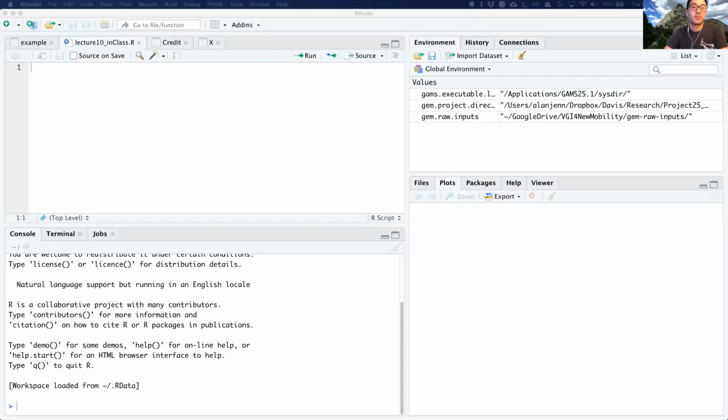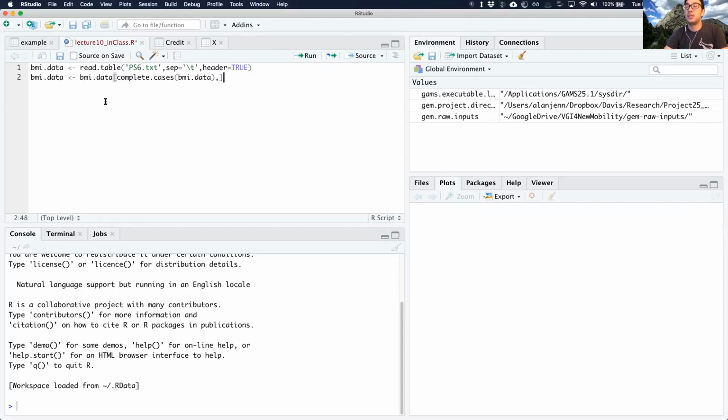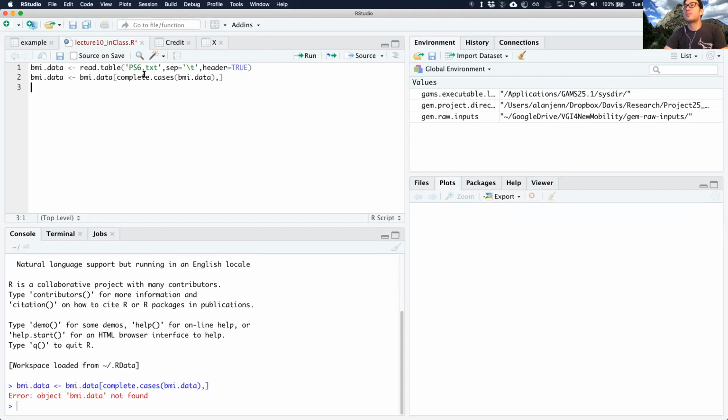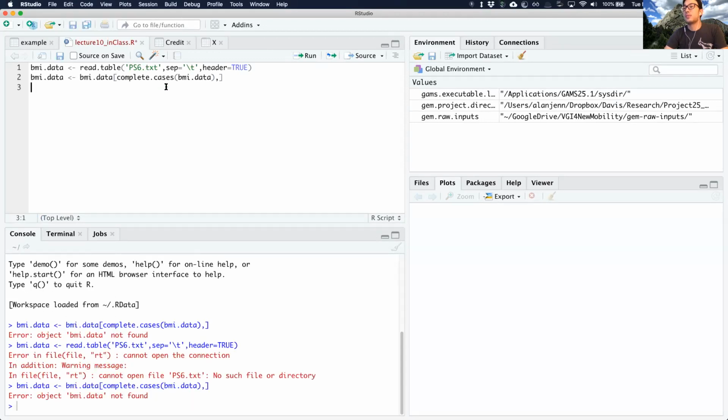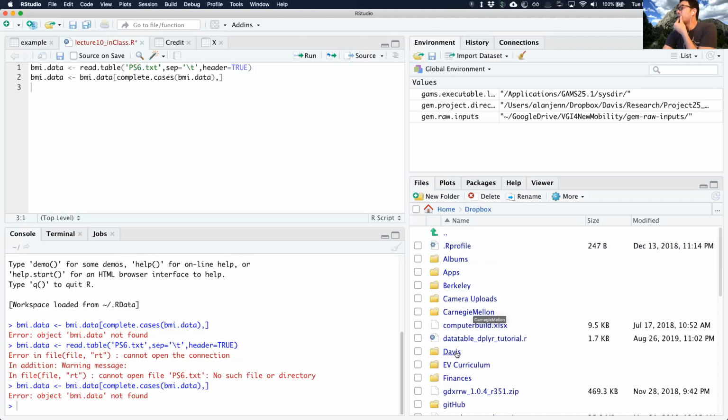Okay. So I'm going to load in some data. Uh-oh. I need to navigate to the right working directory.